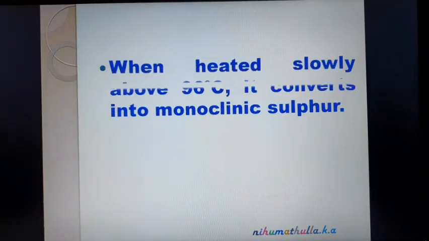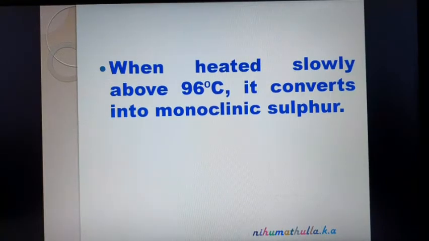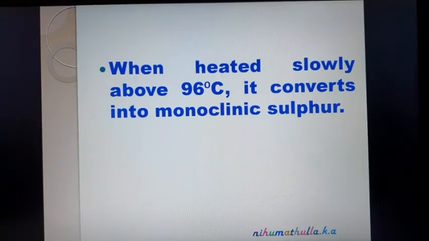When heated slowly above 96 degrees Celsius, rhombic sulfur converts into monoclinic sulfur.